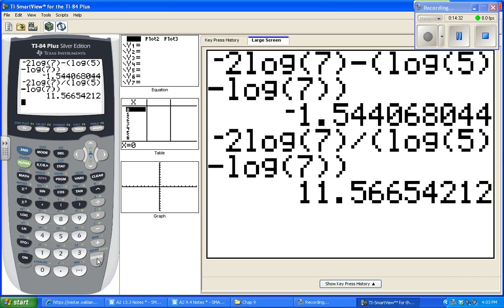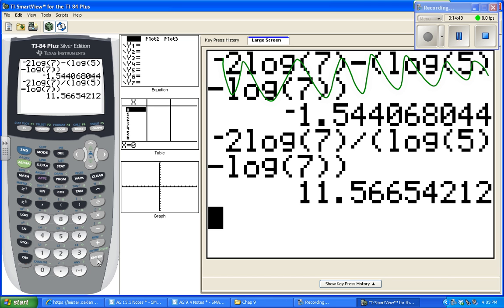Not my best moment. I accidentally put the subtraction sign. It's supposed to be a division sign, and I don't know how to edit these videos, so we're going to go with it. Sorry about that. This is the expression we were looking for: negative 2 log 7 divided by log 5 minus log 7.